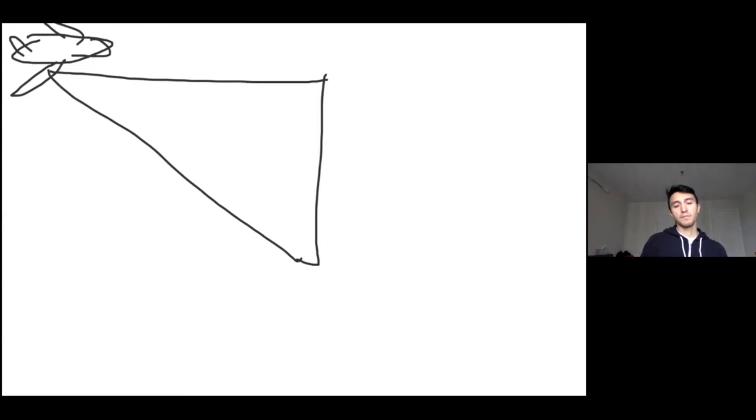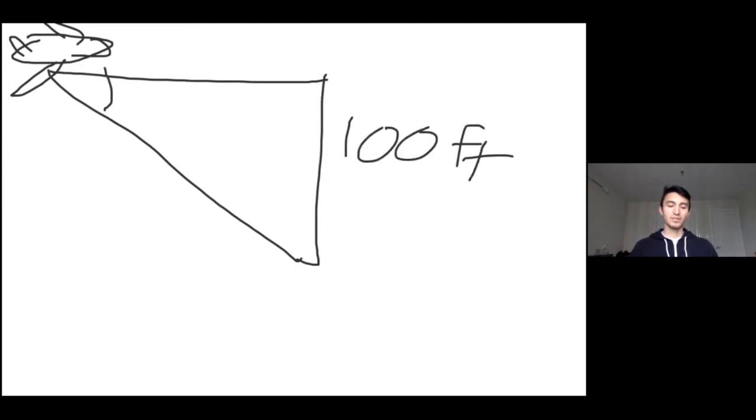Well, here's that angle. You can create a triangle out of many situations. We know it has to come down, let's say this is 100 feet, and it's 300 feet away from the landing zone.